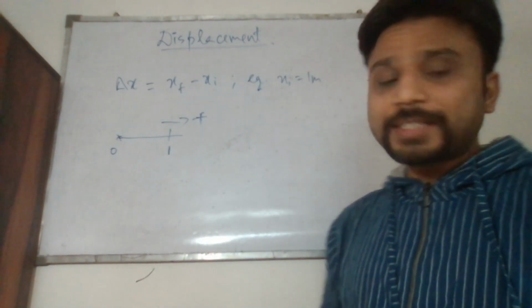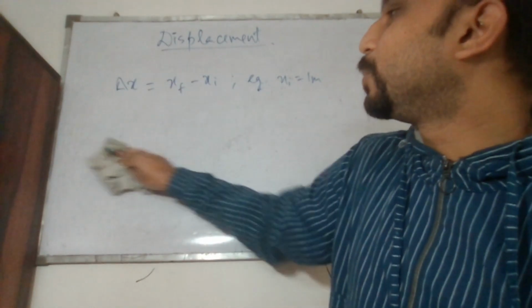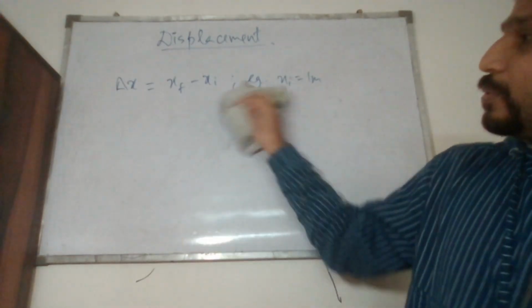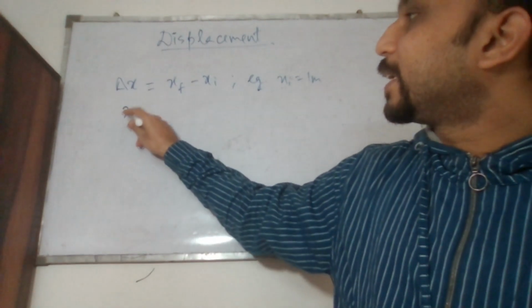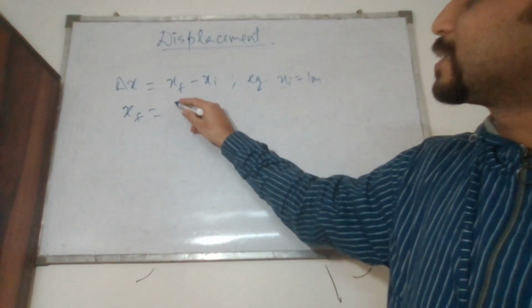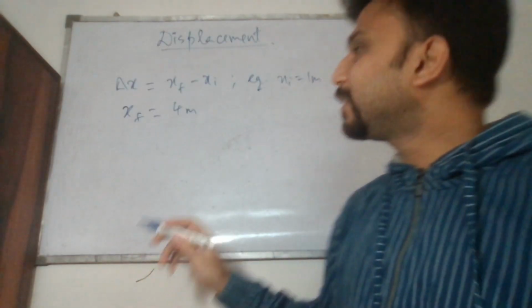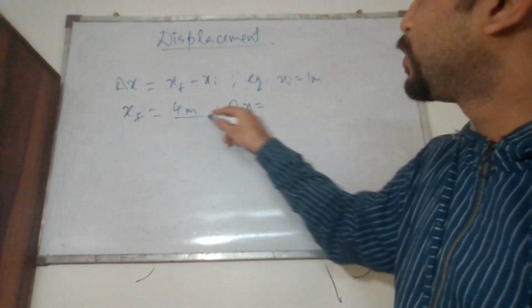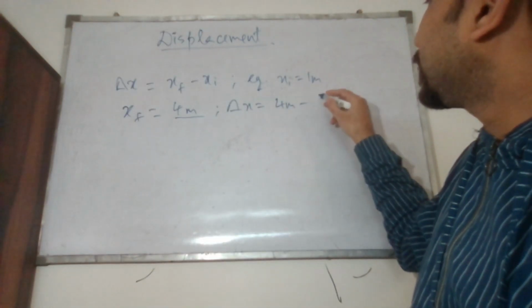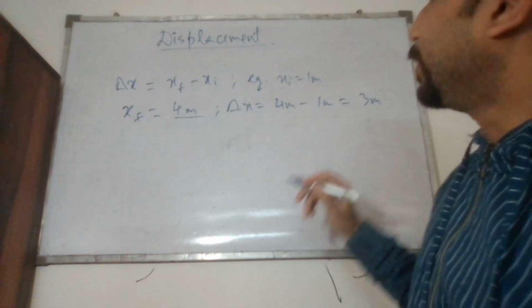Now we have decided to move somewhere else. So the final position of the particle, xf, is let's say 4 meters. The displacement of the particle, delta x, is final position minus initial position: 4 meters minus 1 meter, that is 3 meters.